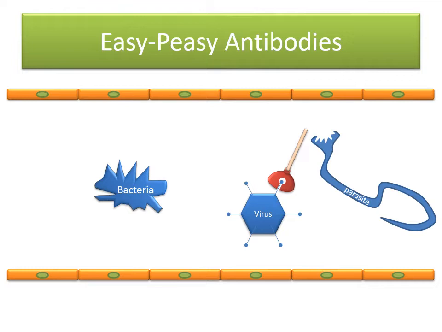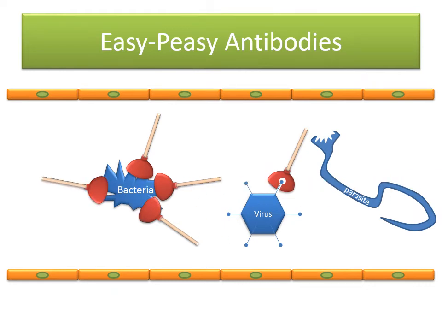This particular type of virus has these little antennae on its surface, and these antennae are important in allowing the virus to actually enter your cells. It's not enough for a virus just to make it into our body, but it also has to have a receptor that allows it to attach and enter a cell. Sometimes antibodies can bind to these antennae and neutralize the virus, and that is one of the ways through which antibodies protect us.